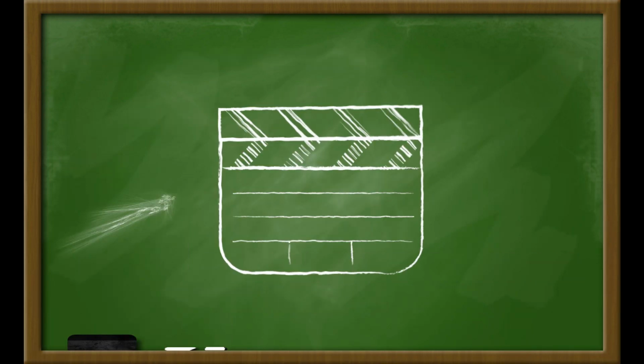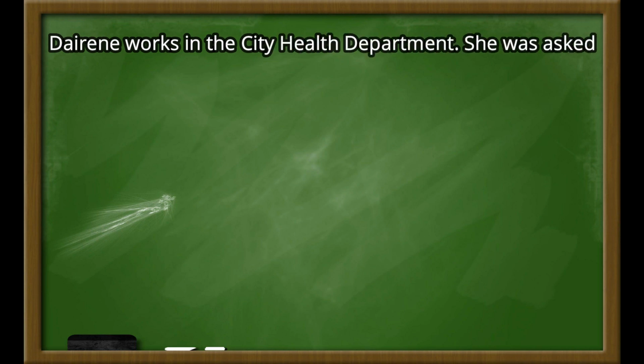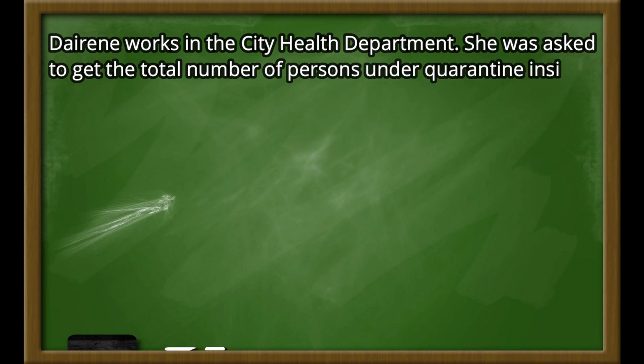We will start with our new lesson by considering the following problem. Irene works in the City Health Department. She was asked to get the total number of persons under quarantine inside the Quezon Memorial Circle.